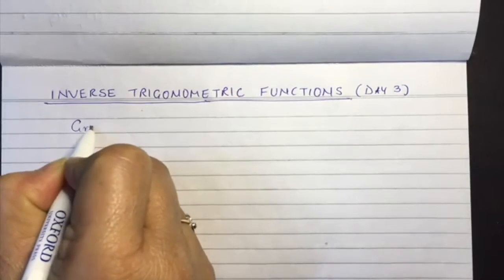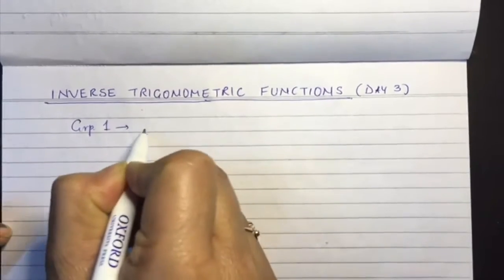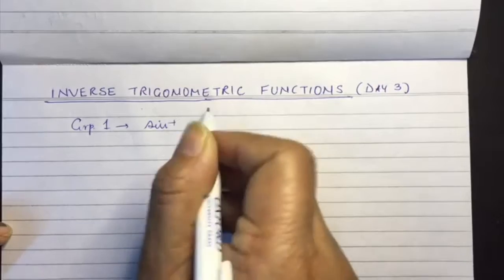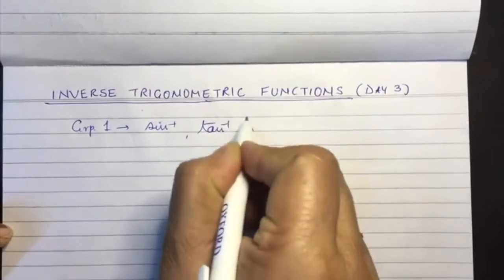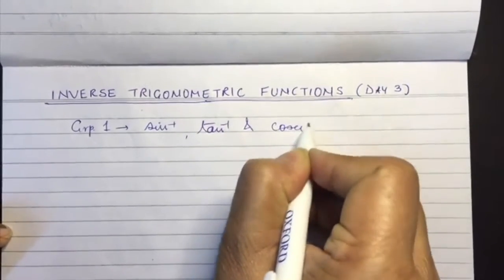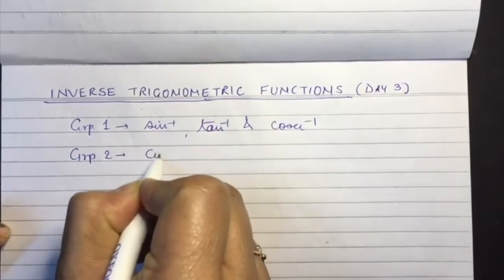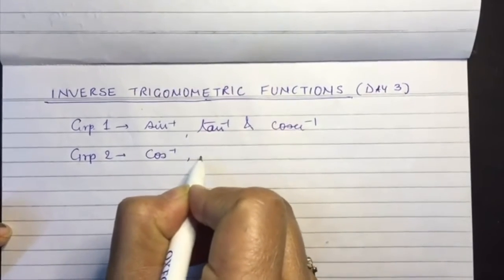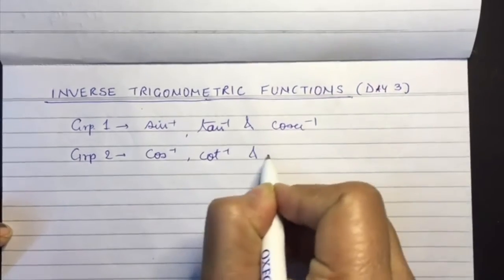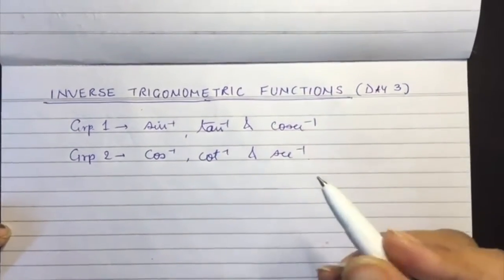Group 1 is sine inverse, tan inverse, and cosec inverse, whereas group 2 is cos inverse, cot inverse, and sec inverse.